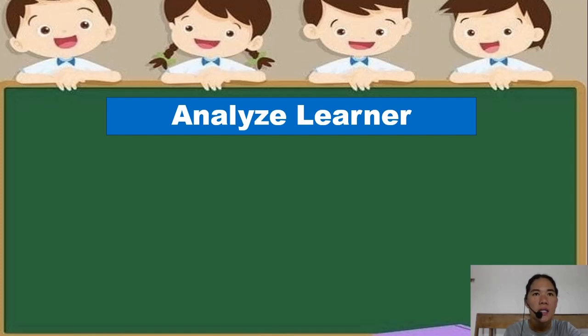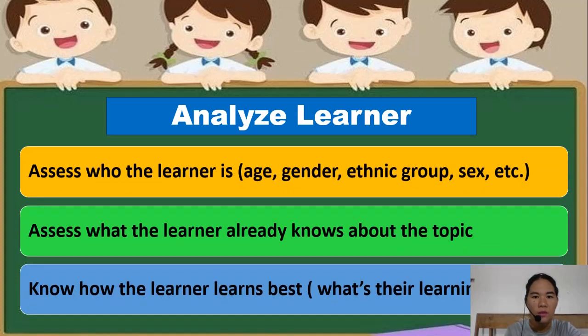So the first stage of Azure model, of course, is analyze learners. This is very crucial for us as teachers, to analyze our learners: what type of learners we are going to teach. We have a guide on how to analyze our learners. First is to assess who the learner is, in terms of age, gender, ethnic group, and so on. Then we assess what the learner already knows about the topic.